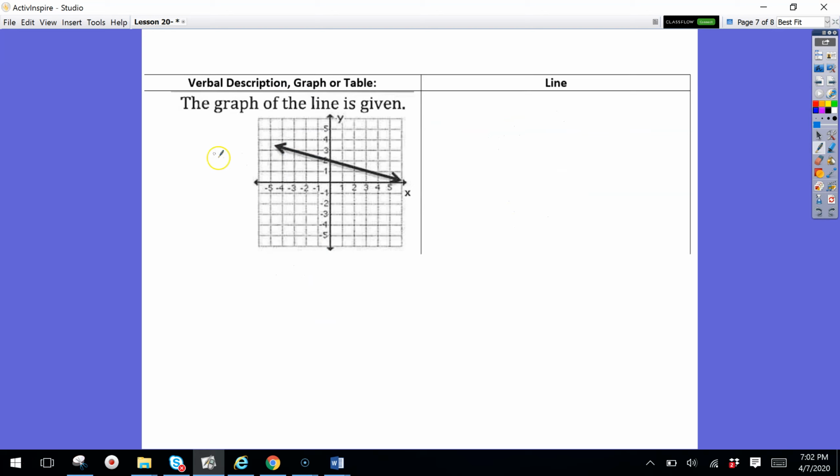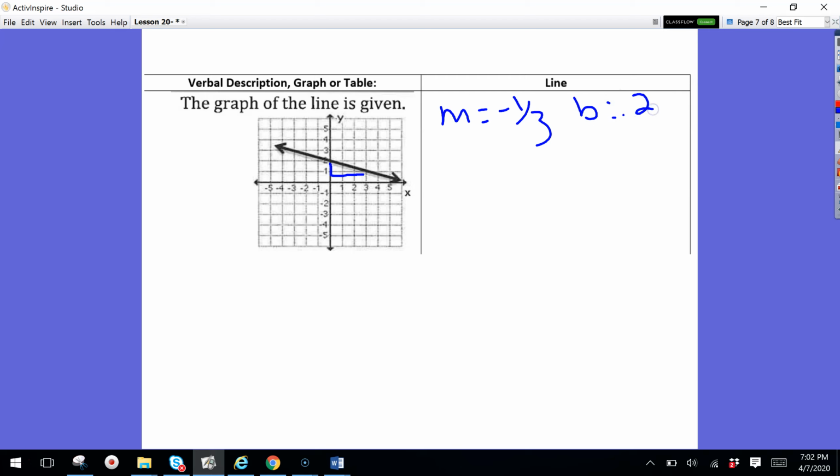Okay, now if we have a graph here, let's see, what information do I have on this graph? Well, I do have the y-intercept, great. And I can figure out the slope. The slope is a rise over run. I can go down 1 over 3. So my slope is negative 1 over 3. My y-intercept is 2. So I can write that the equation of this line is y equals negative 1/3 x plus 2.